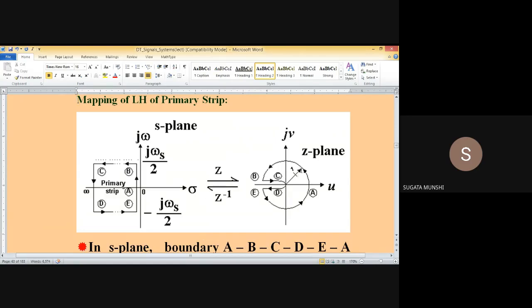This is the unit circle. Here there is a strange behavior; we'll see why such a notch is present.